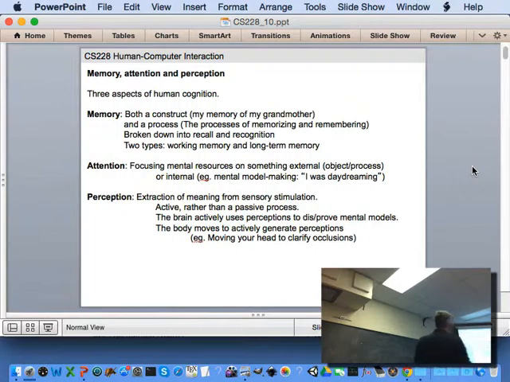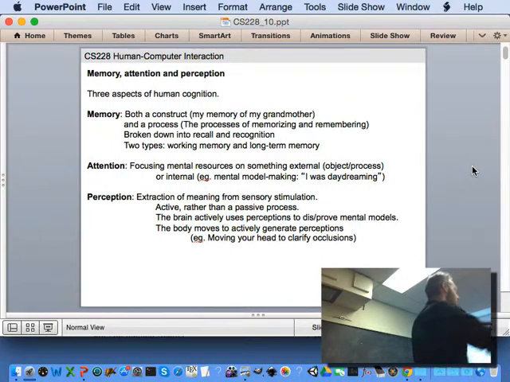Okay. We're going to spend a fair bit of time talking about perception, and I'm going to distinguish perception from sensory stimulation or sensation. So as long as your eyes are open, you can't help photons falling on your retina. That's sensation. You're picking up stuff visually. Perception is what your brain does with that information, right?